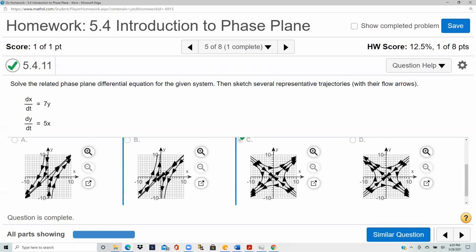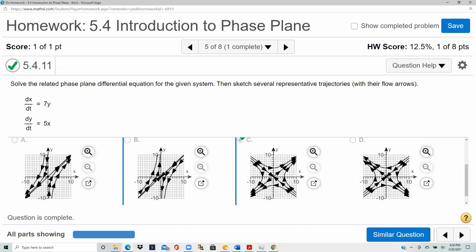In the third quadrant, y is negative, and so dx over dt will be negative. So it means x will decrease with time. So you see, x has to move in this direction, because as x moves in this direction, it's becoming more negative and therefore decreasing.